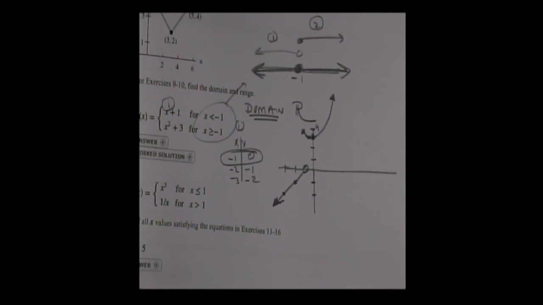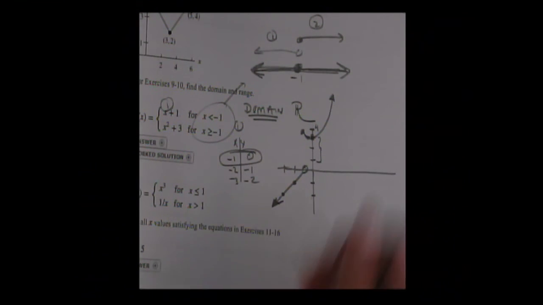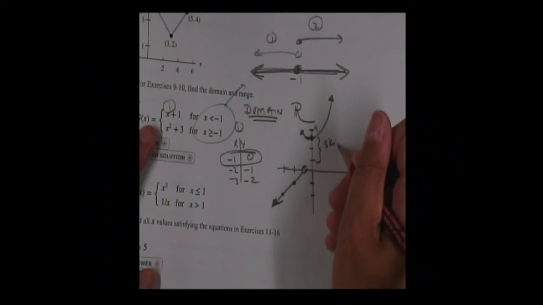Now notice when I look for the range here, are the y's continuous? In other words, do I use every single y known to man? Or do I skip some? Yeah, in fact I skip these, don't I? I skip in that region.